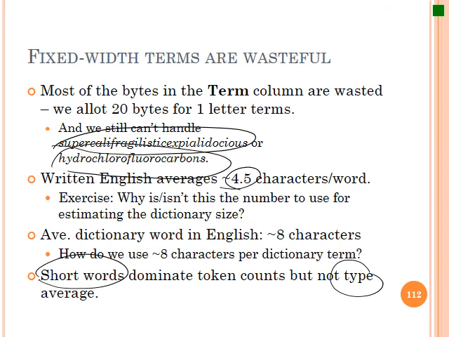Remember we talked about this: there's 4.5 and 8. This is the average characters per word, and this is the average dictionary word length. There's this difference because in our dictionary there are many other tokens that are not really English, so in essence this one is smaller.